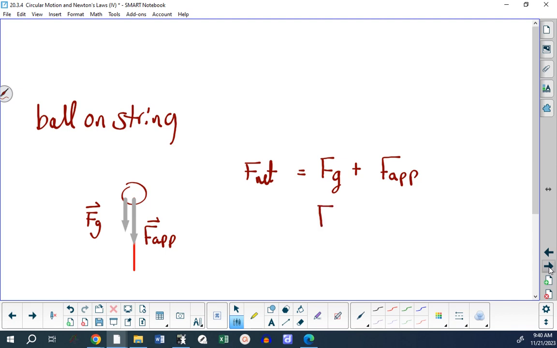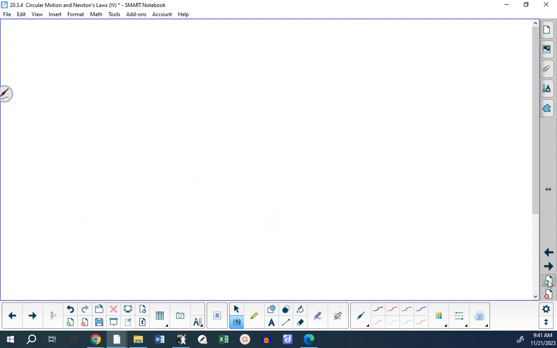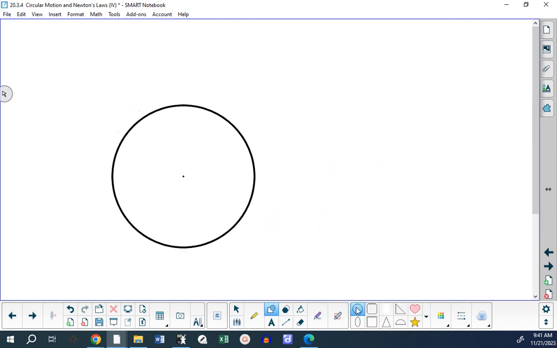And that means the applied force will be equal to the net force minus the magnitude of the force of gravity. At the top, we subtract. So why is it that at the top of the circular road we subtract, but we subtract the other way? Well, here is the road.